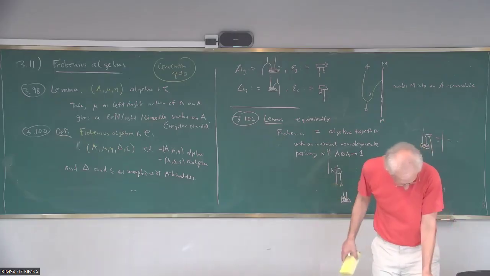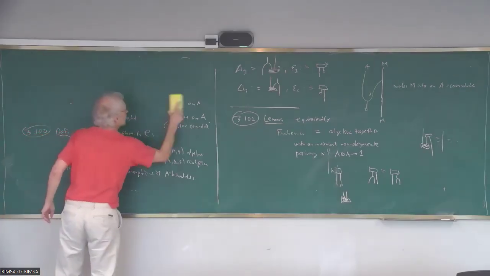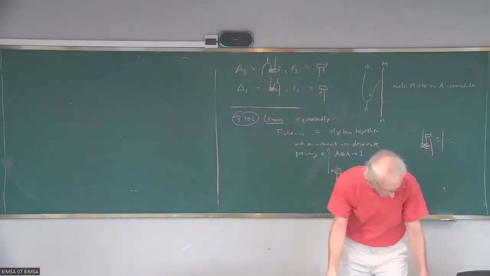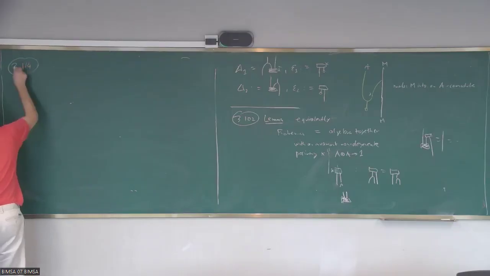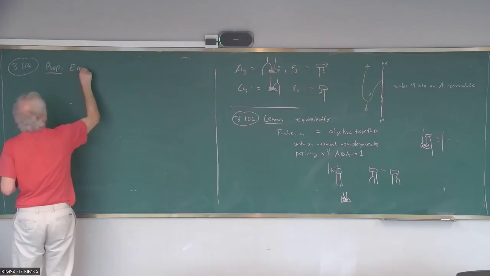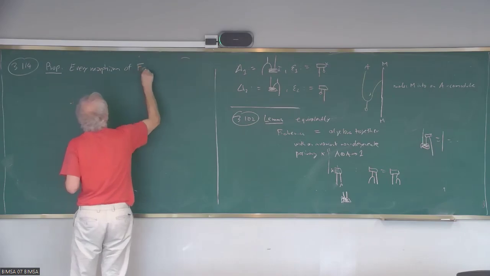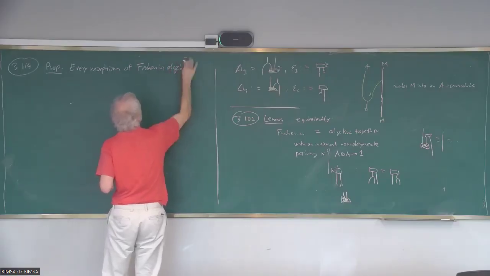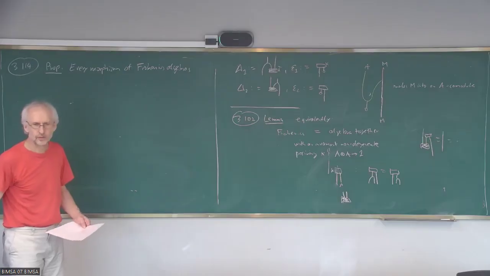And now I write down another interesting statement. Proposition: every morphism of Frobenius algebras, and I have not defined that, it's the following: it's just a morphism of algebras and at the same time a morphism of co-algebras.